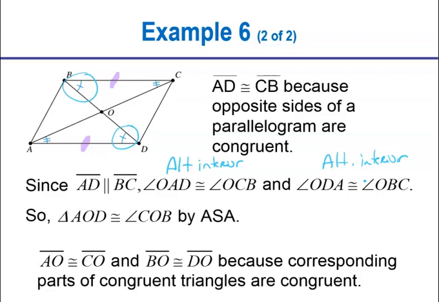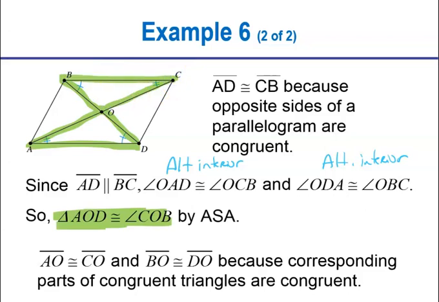Okay, so now from that, they argue, I'm going to erase all my marks here, they argue that triangle OAD is congruent to triangle COB. So this is what I'm talking about right here. Okay, let's highlight it. Triangle OAD, that's this guy right here, is congruent to triangle COB. Are those two congruent?